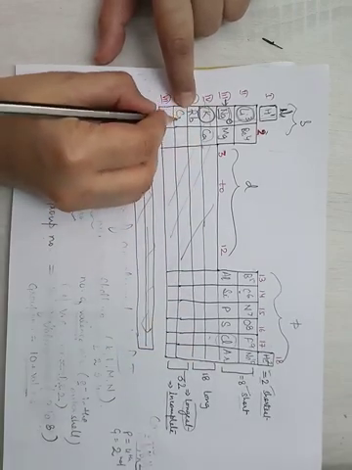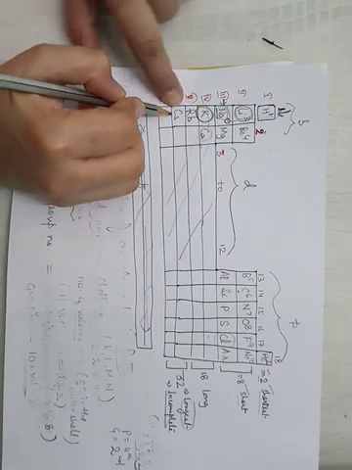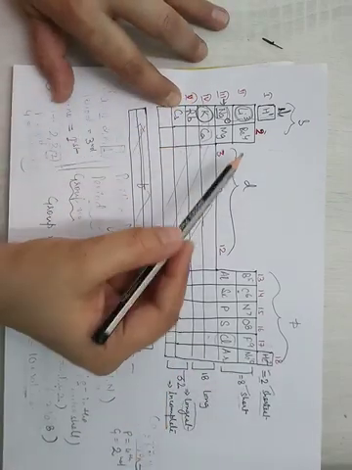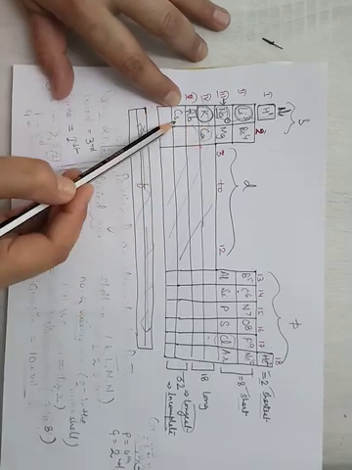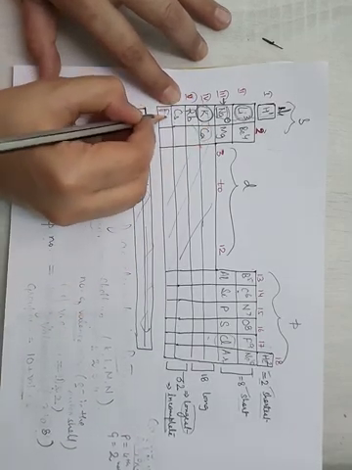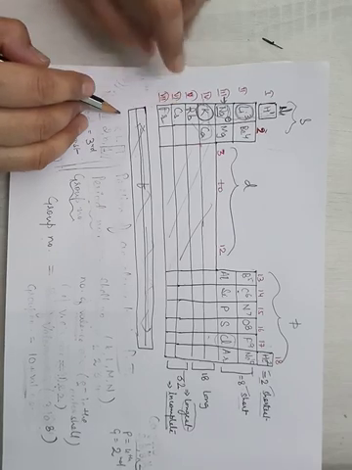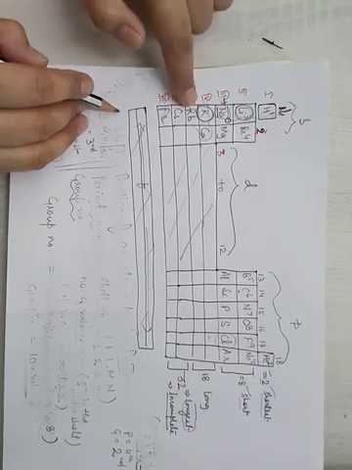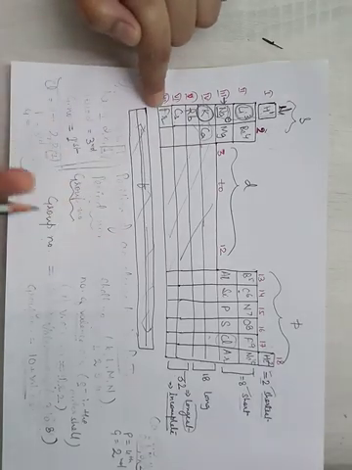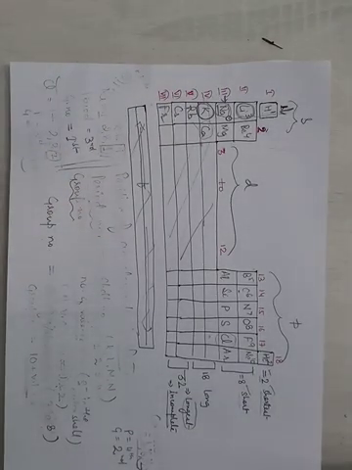And then rubidium, cesium. For cesium 2, 8, 8, 18, 18, 1. And then francium is again 2, 8, 8, 18, 18, 32, 1. So like this the elements are filled.